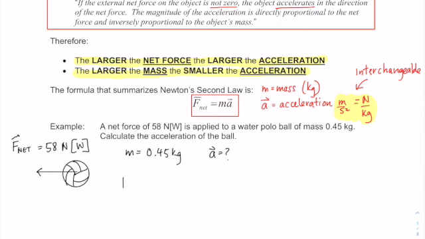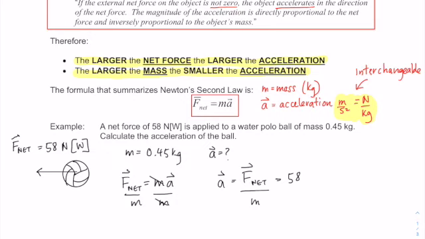So we know our equation states that the net force is equal to mass times acceleration. We can rearrange this equation by dividing both sides by m. These will cancel out, and we are left with acceleration is equal to the net force divided by the mass.